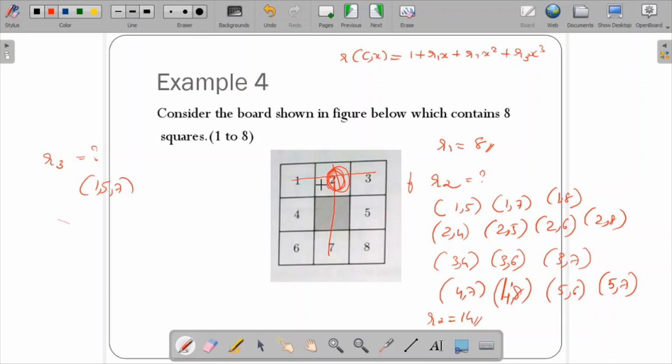So 2 can be paired with 4 and 2 can be paired with 5 also. So if I pair it with 4, that is 2, 4, one combination, then this will not be there, this will not be there. So the possibility is 2, 4, 8.